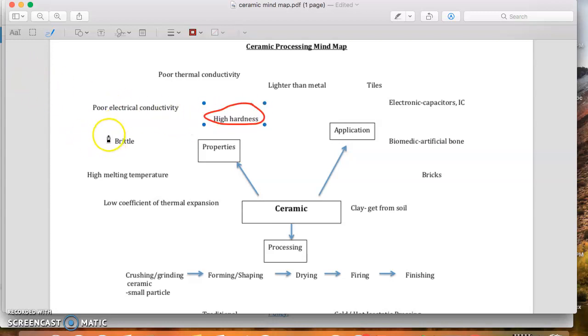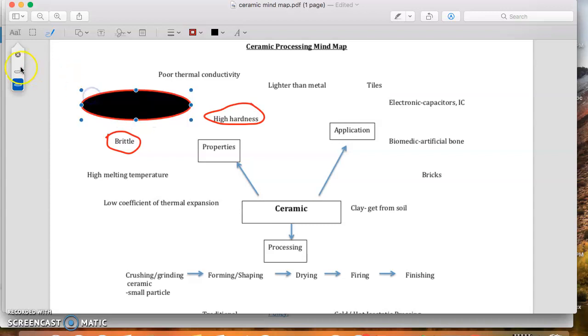Also brittle material. And then poor electrical conductivity, which means it can be used as an electrical insulator.